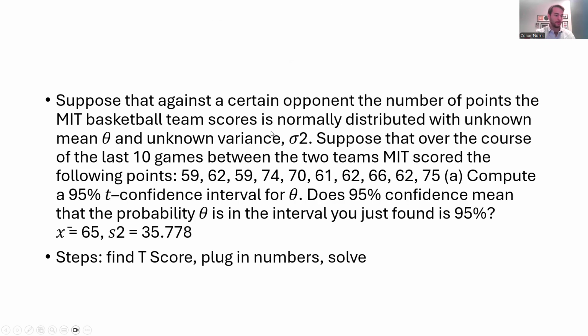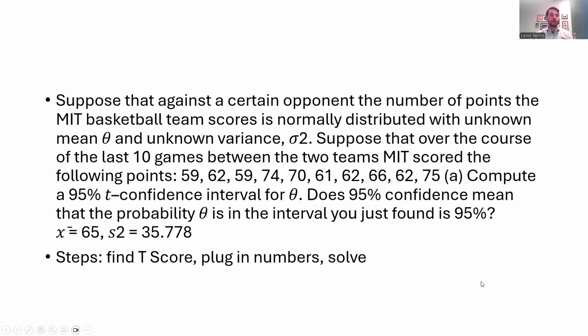So let's walk through a quick practice problem. Looking at the MIT basketball team, let's say the scores are normally distributed, but we don't know the mean and we don't know the variance of all the games. So if we look at the last 10 games, MIT scores the following set of points.